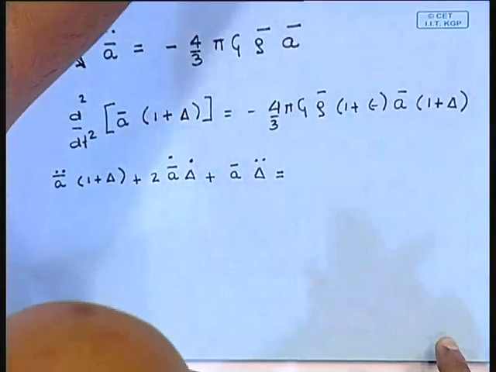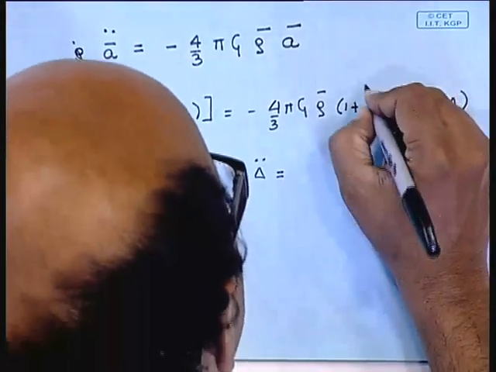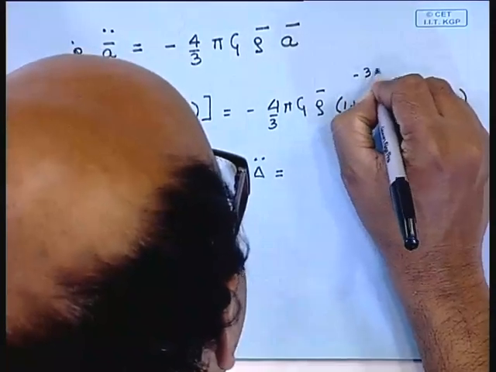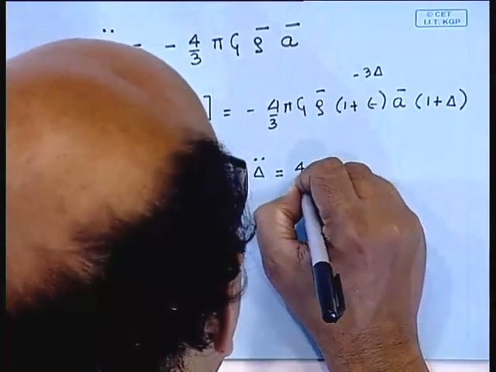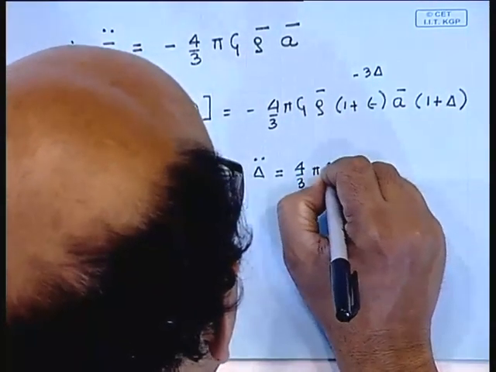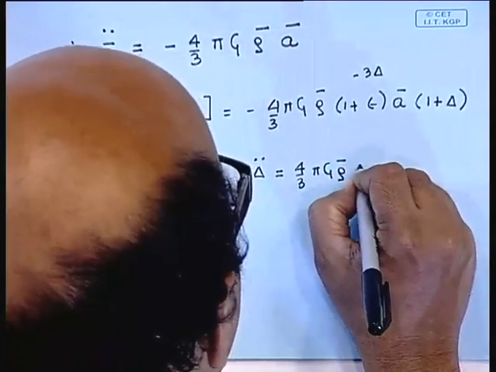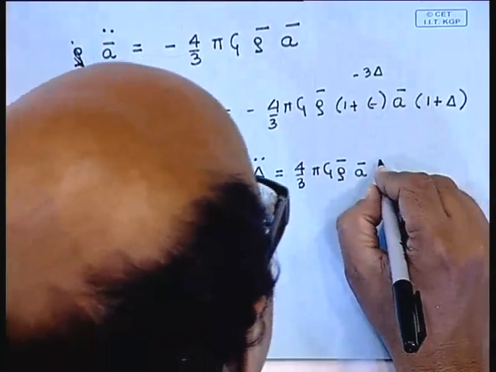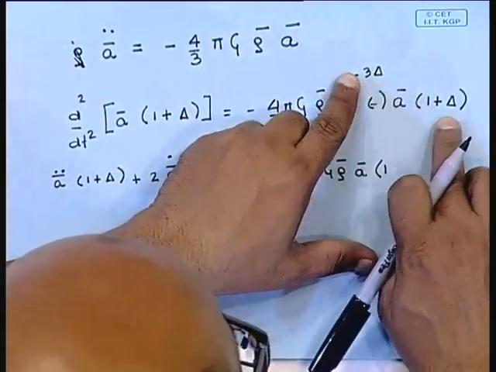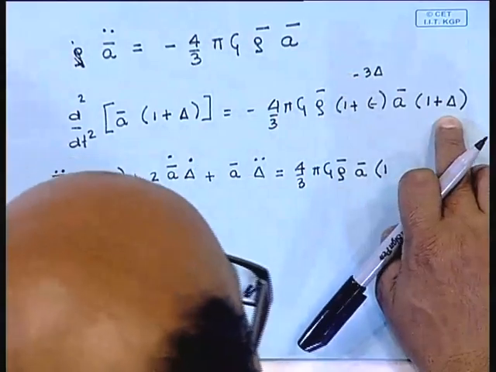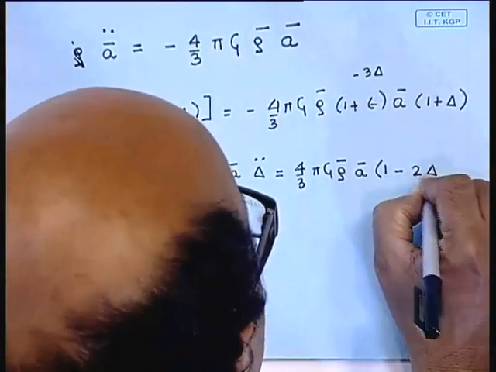So I have minus 4/3 pi G rho bar A bar, and then I will have 1 minus 3 delta plus delta, so this will become 1 minus 2 delta to linear order.